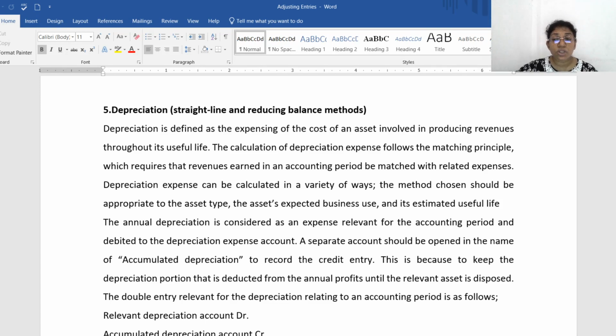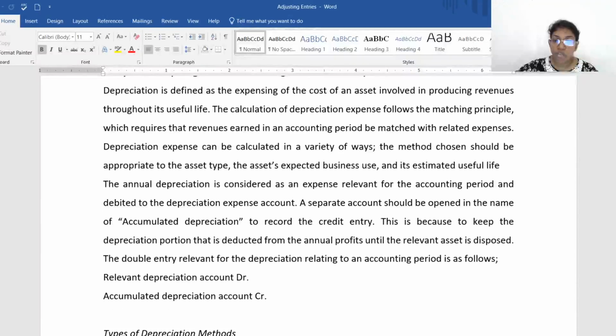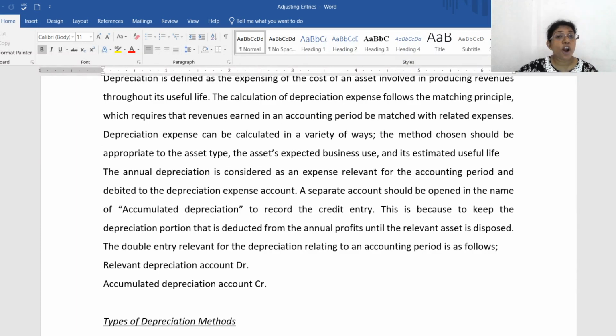Right? So let's look at the double entry. We are going to debit the relevant depreciation account and we are going to credit the accumulated depreciation account.